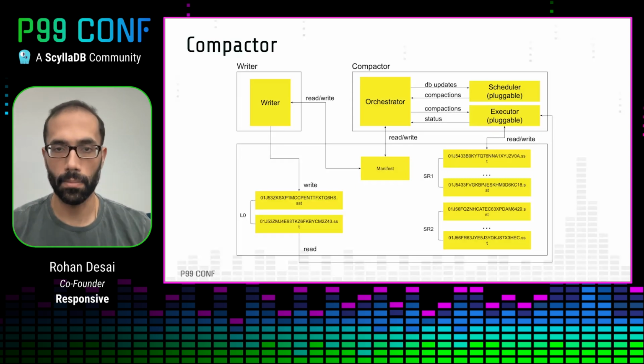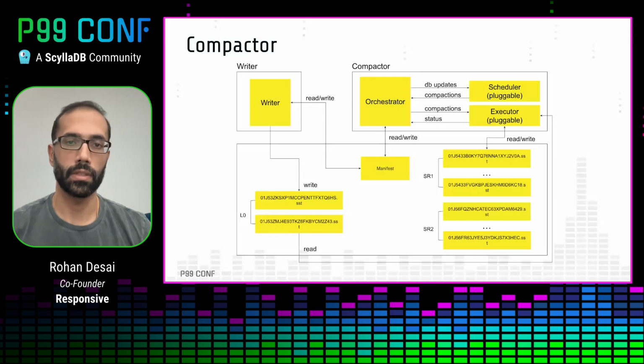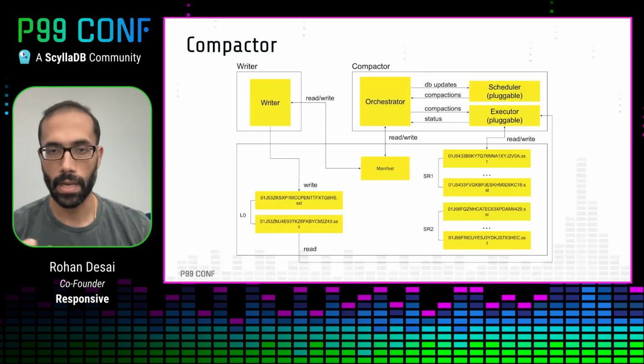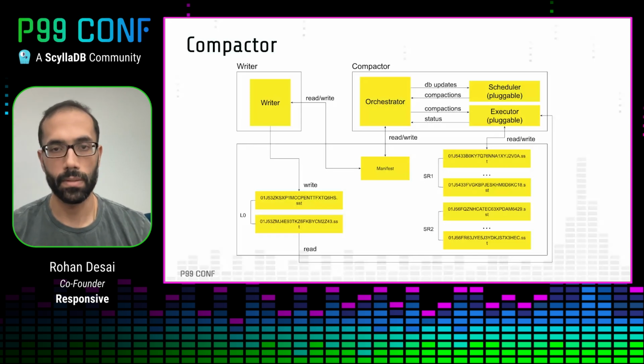This frees you up to run the compactor on separate resources, though by default it runs in the same OS process. The compactor itself is made up of three components. There is the orchestrator, which does all the work of managing the compaction process. There's a scheduler, which implements the compaction style that SlateDB uses, and it's pluggable.